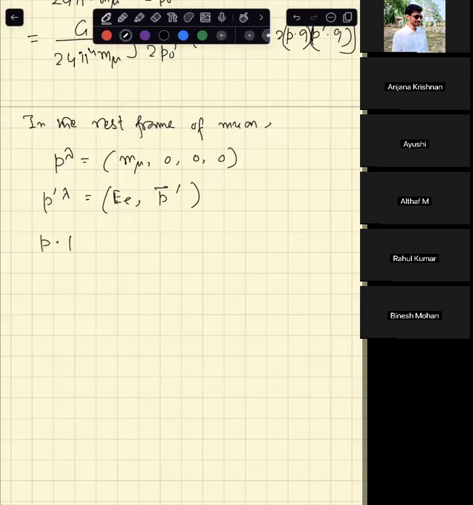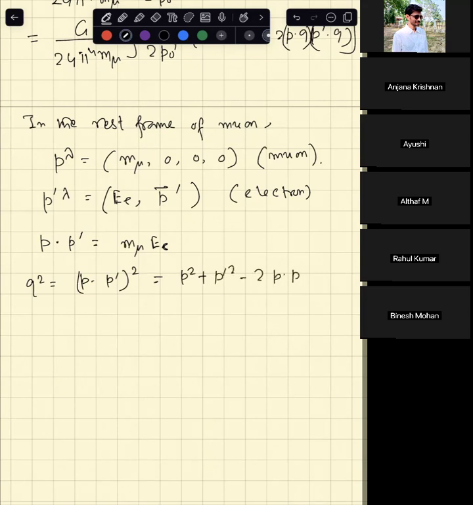So now if you calculate p dot p prime, it is the product of these four vectors, and you get m mu E_e, because the three momentum is multiplied by the zeroth component of the muon four momentum, right? So this is for the electron and this is for the muon. So we get this quantity. So now we can calculate q square, which is p minus p prime square, which is p square plus p prime square minus 2 p dot p prime.